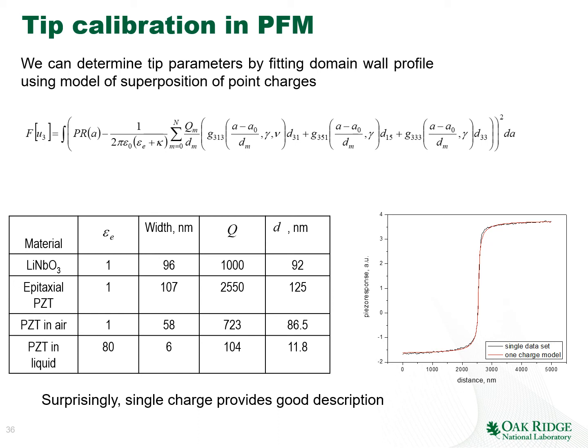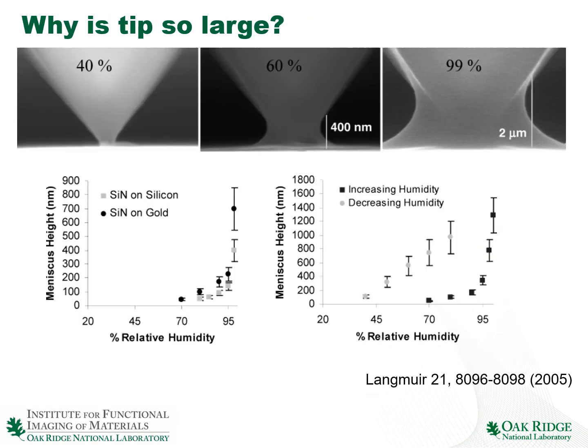That's remarkably interesting because for most materials, it turns out that the single charge provides a remarkably good description of the tip behavior, but in virtually all cases, the characteristic size of the tip or separation between the charge and the surface is of the order of hundreds of nanometers. So it's surprisingly large. The only exception is the PZT in liquid environment, where the wall width is actually very small and the equivalent charge surface separation is about 10.